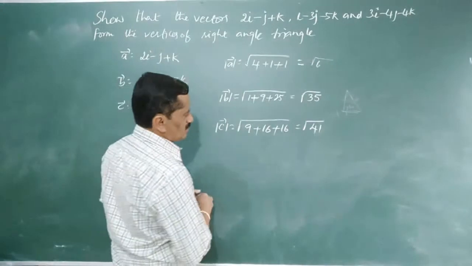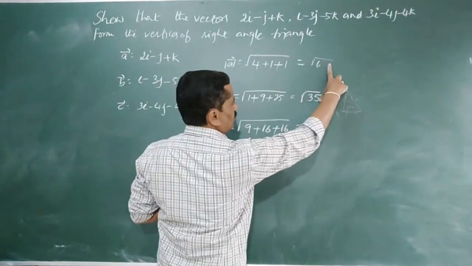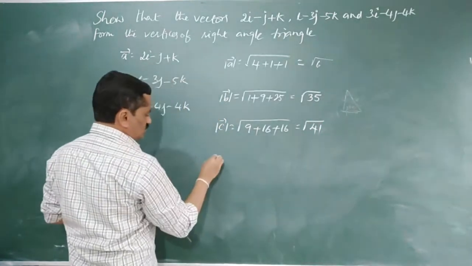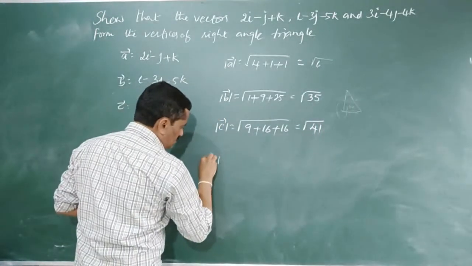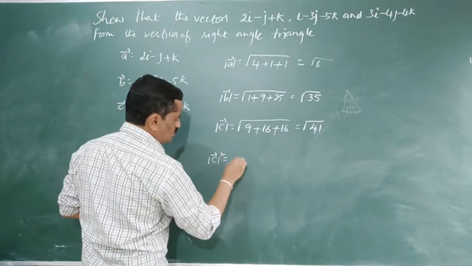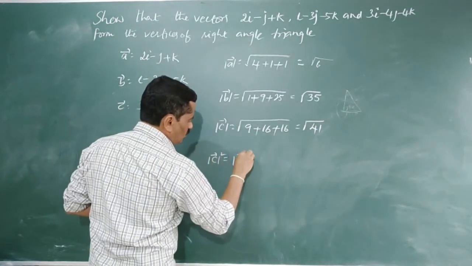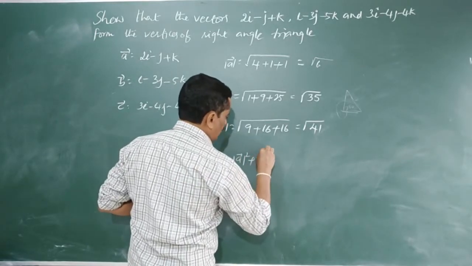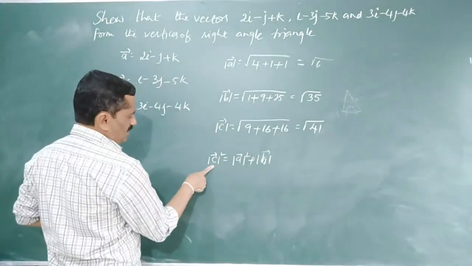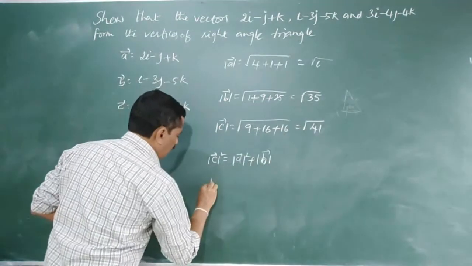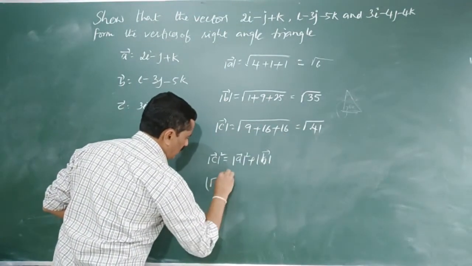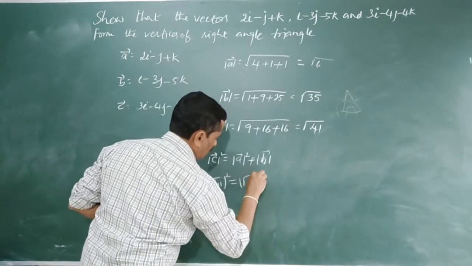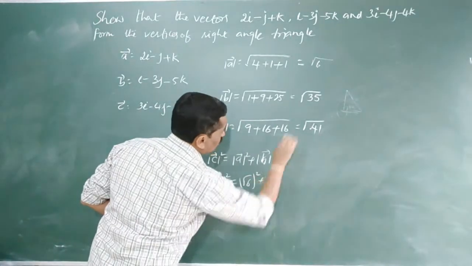Observe here, the sum of squares of these is equal to this. So the magnitude of c bar whole square is equal to the magnitude of a bar whole square plus the magnitude of b bar whole square. Root 41 whole square is equal to root 6 whole square plus root 35 whole square.